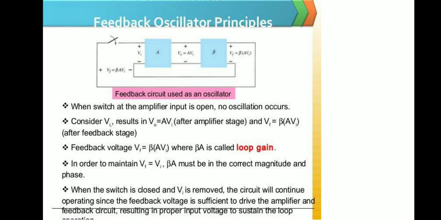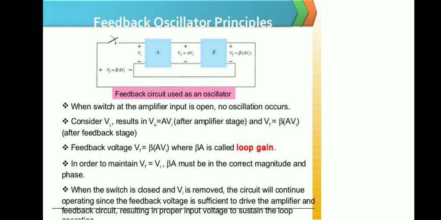Now, the feedback oscillation principle figure shows the feedback circuit used in oscillators. When the switch at the amplifier input is open, no oscillations occur. Consider the input voltage Vin results in Vout equal to A Vin, and the feedback voltage Vf is equal to beta A Vin, where beta A is called the loop gain.